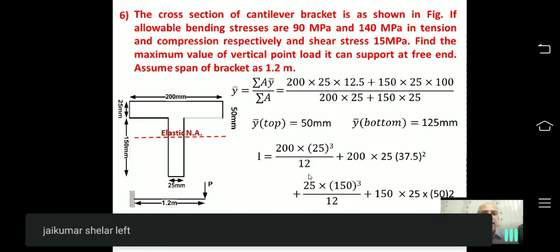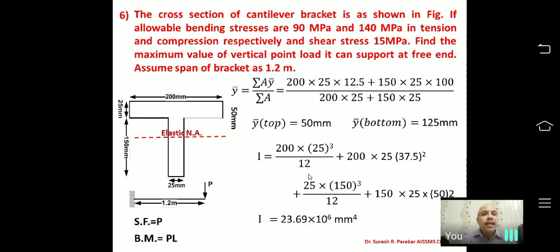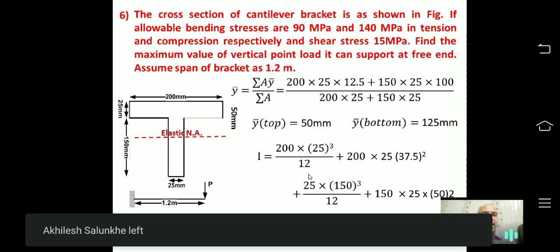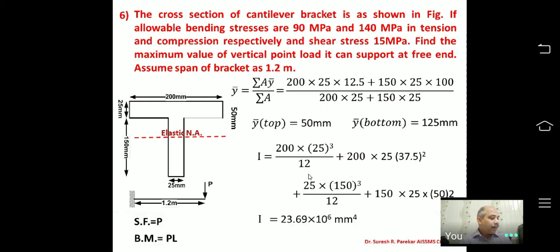Allowable bending stress we have 90 MPa in tension, 140 MPa in compression, and shear stress we have 15 MPa. Out of this, whatever minimum value we get of P, that value we have to consider as maximum load. Minimum value gives us maximum load, because if we consider maximum, then that will not satisfy minimum.